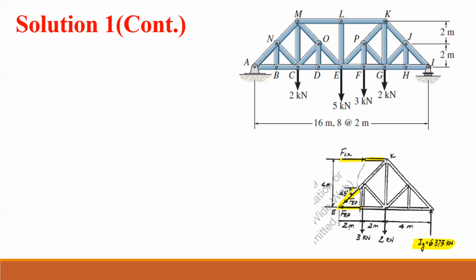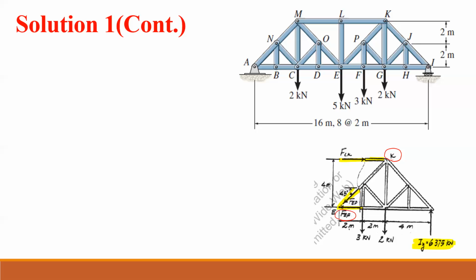How about K? If I take the moment about point K, the forces LK and EP pass through K, so I can get rid of them, and the only force remaining is FEF, so I can solve for this one.